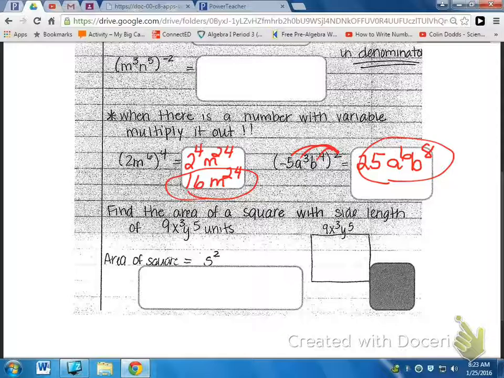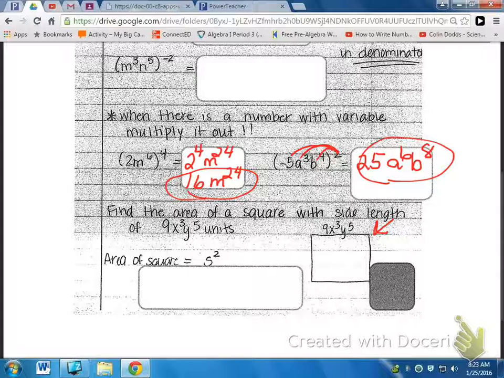Okay, now we're going to do an application of this. Find the area of a square if the side length is 9x cubed y to the fifth units. So here's my square. Each side is 9x cubed y to the fifth all the way around.